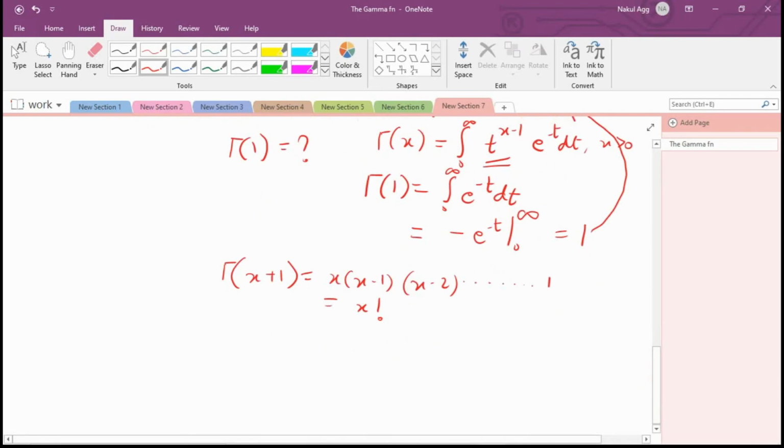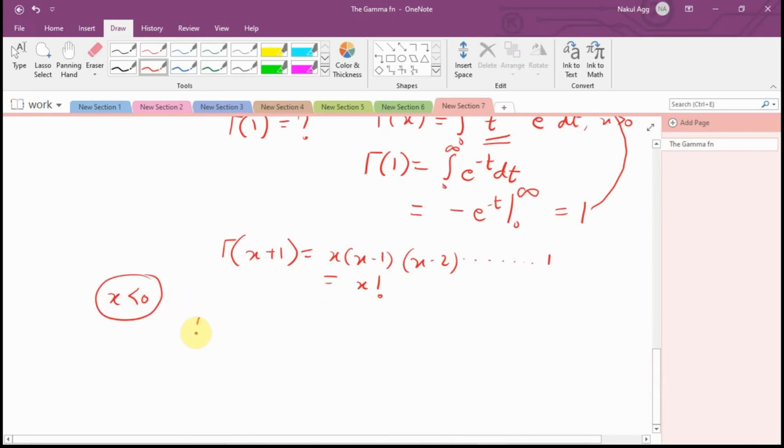Now so far we have only discussed the positive arguments of the gamma function. Now we will extend our definition to negative arguments of the gamma function, that is for x less than 0. We will again use the fundamental property, that is gamma of x into x is equal to gamma of x plus 1. We will rewrite it as gamma of x is equal to gamma of x plus 1 over x.